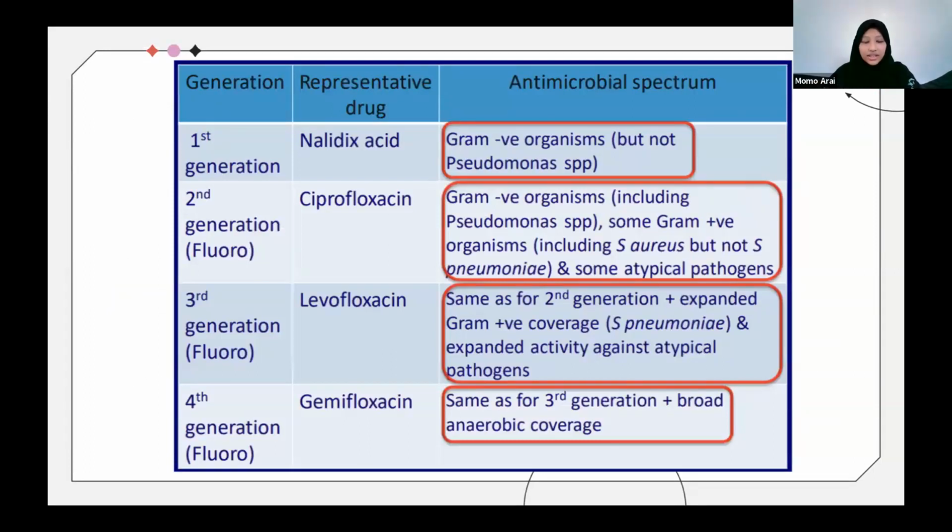You can see here there are different generations. Second generation ciprofloxacin does not cover pneumonia, but third generation levofloxacin does. I like to think of them as respiratory and non-respiratory fluoroquinolones. Is that clear for everyone? Just know this slide, it's very important overall.